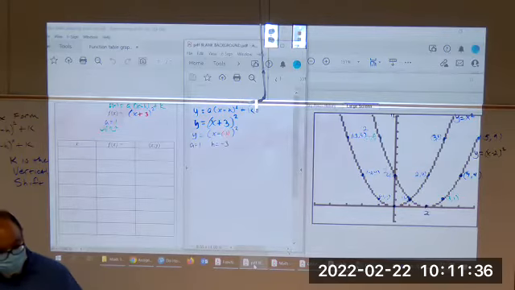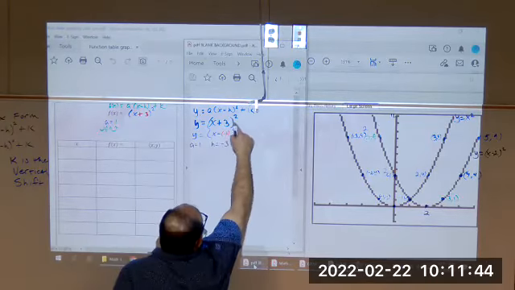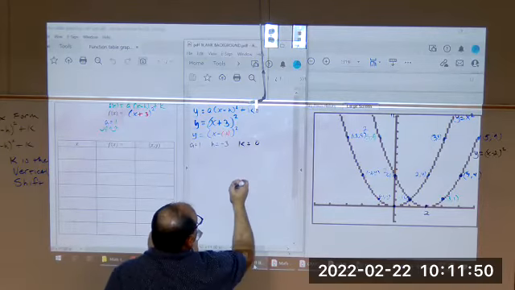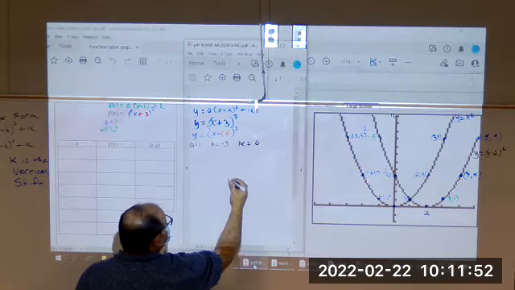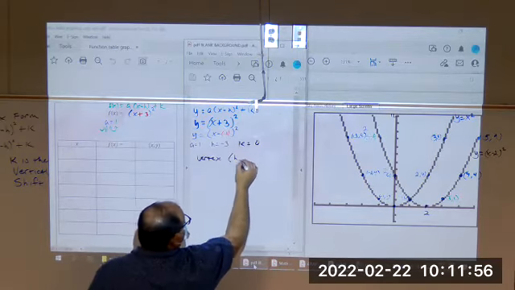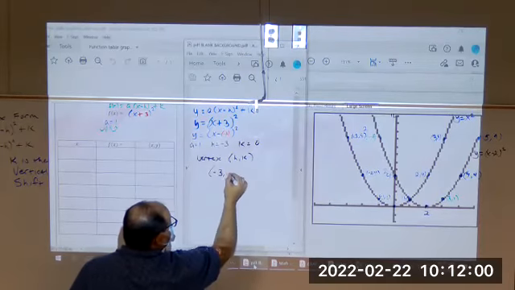You'll start saying that in your brain. And then afterwards is the k, and we don't have a number, so k is 0. Now, according to what I'm telling you, the vertex is the ordered pair hk. So my vertex should be at negative 3, 0.